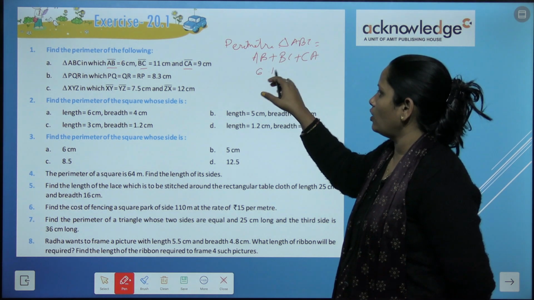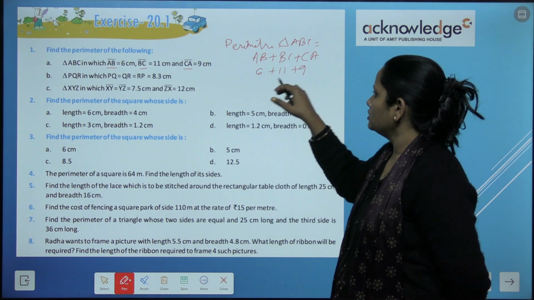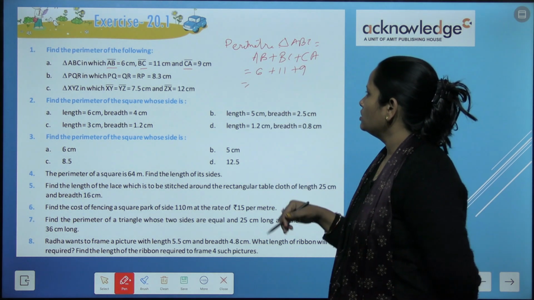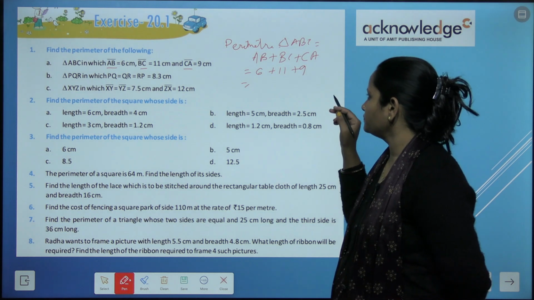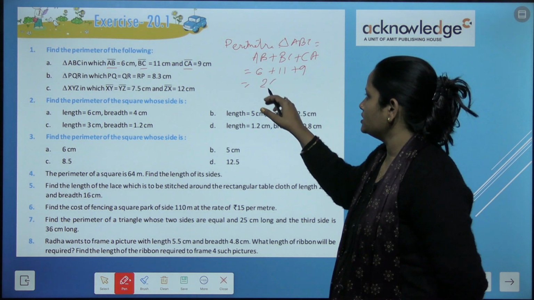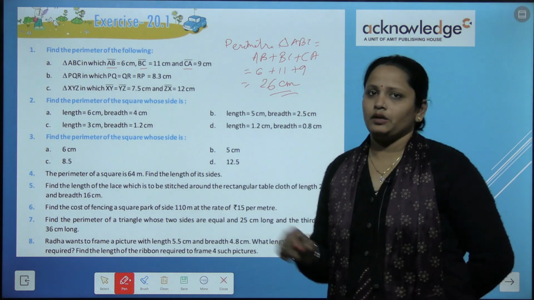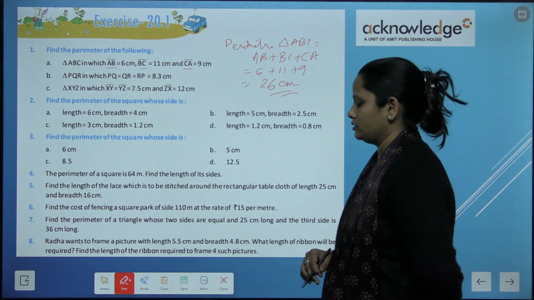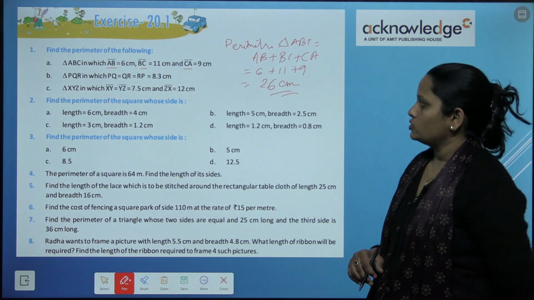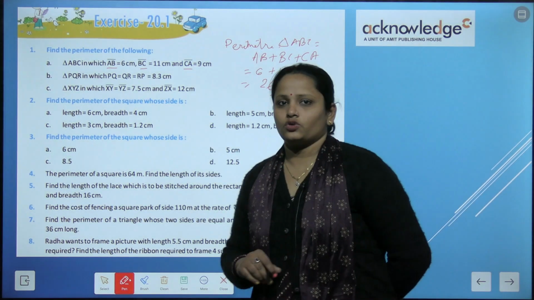Now let's add all these. So we will get 26 centimeter is the perimeter of this triangle. So similarly children, you have to do the rest of the questions.